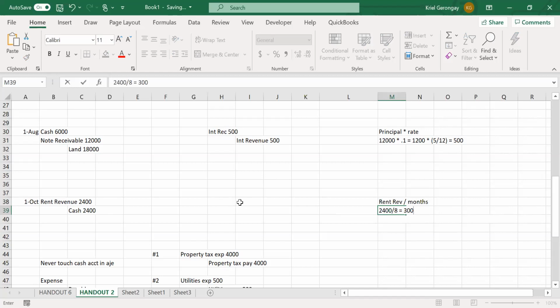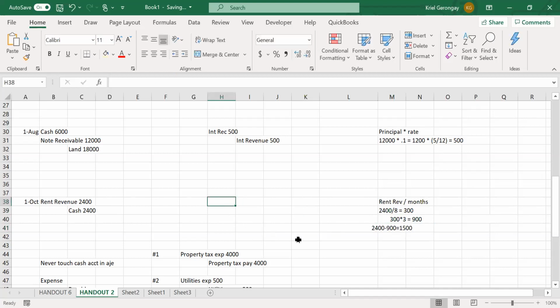From October 1st to December 31st, that's a total of 3 months. So you would take the 300 and multiply it by 3, which equals 900. Because you recorded it as rent revenue, you would have to record the remaining $1,500 as unearned because you haven't earned this amount yet.